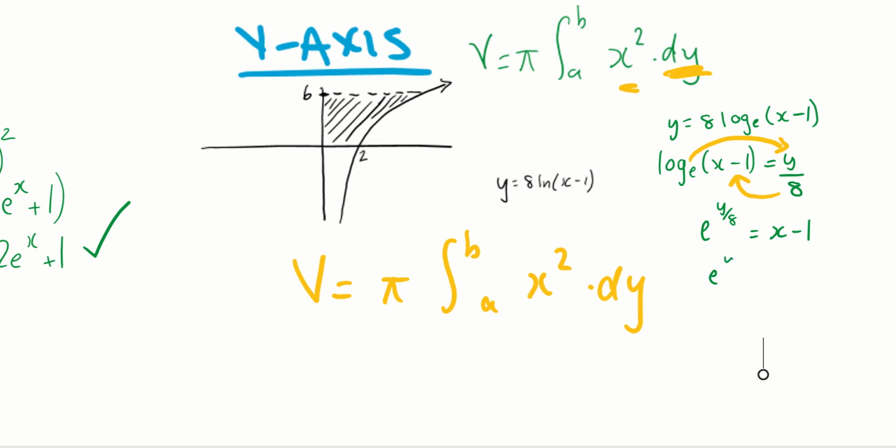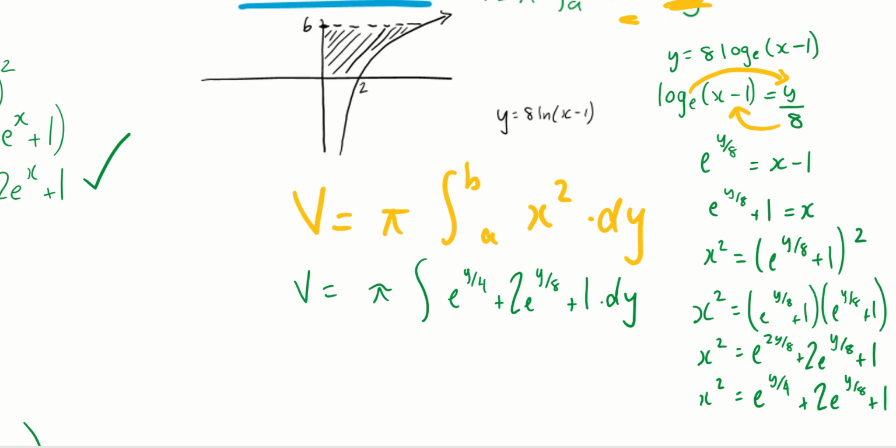So e to the power of y on 8 plus 1 is equal to x. So now I have x, I need x squared, so squaring it. And this is, once again, very similar to the last question, expand it. So once I've expanded it, knowing my indices laws well is important there, subbing it in and cleaning it up.